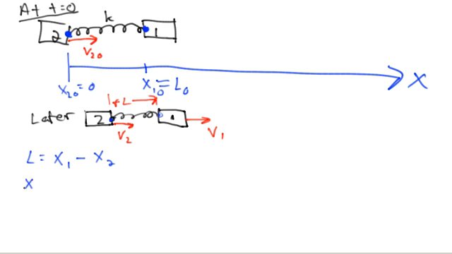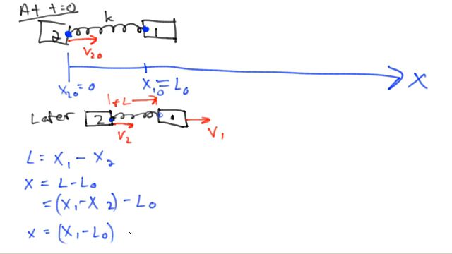So the stretch is the length minus L0, which is x1 minus x2 minus L0. So we can call that x is equal to x1 minus L0 minus x2. And that's important because it'll help determine how much force is being exerted on these guys.